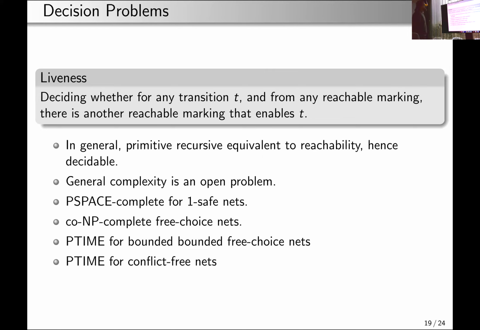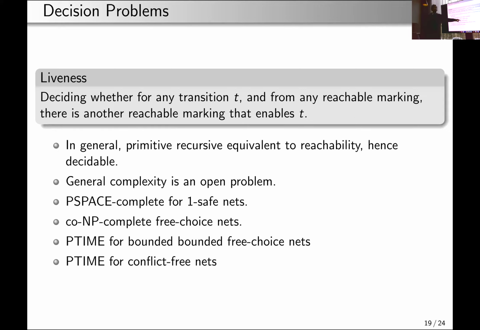And then liveness, again, in general, it's a reduction to reachability. But by inspecting the structure of the net, in some cases, you can do a bit better. The general complexity is unknown, so we don't know the exact class. If the nets are safe, PSPACE-complete.